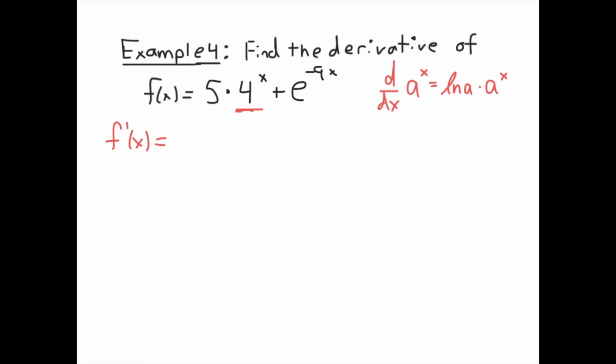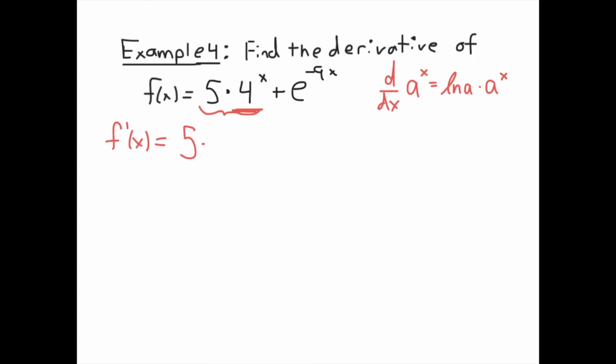Notice first I have 5 times something, right? That's really an outside function happening here. I could use the product rule, but that's going to be clunky and it's going to take extra time. So I'd rather use the chain rule for this. And picture it's just like the derivative of 5y with respect to y. Well, that would just be 5 times the derivative of the inside. Our inside here being 4 to the x.